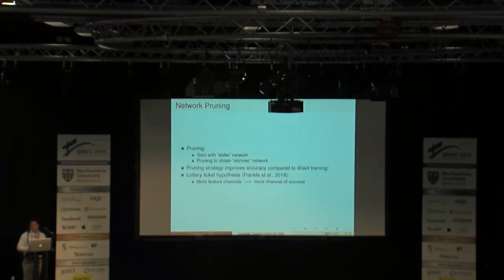Another interesting component we used for our ContextNet is pruning. You study the wider network. The idea is you want to reduce the computation but keep similar accuracy, so you get a skinnier network. That's pruning. But recently there is an interesting paper called the lottery ticket hypothesis. The more lottery tickets you have, the more chance to win.